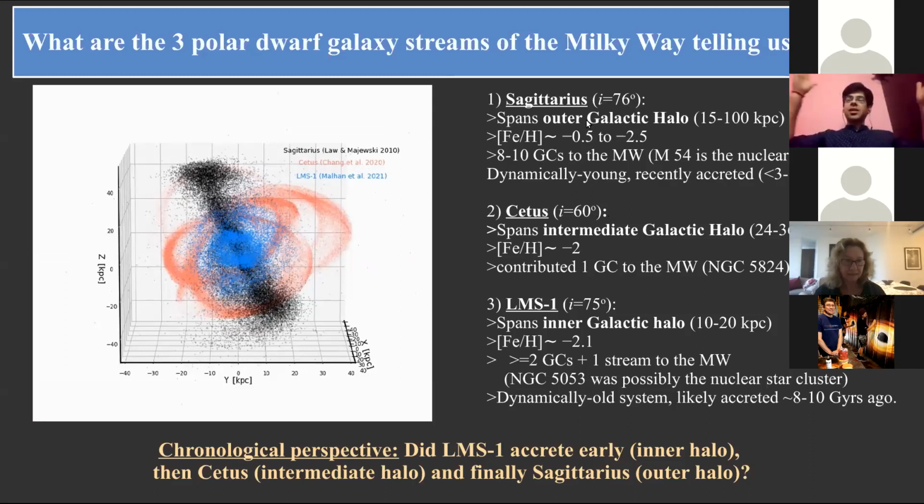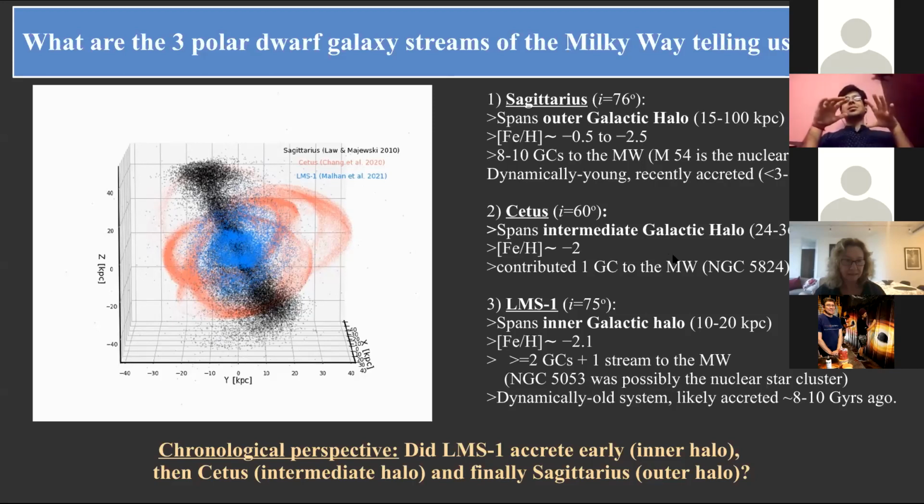Sagittarius spans the outer galactic halo with a galactocentric radius of 15 to 100 kiloparsec. It has a wide range in metallicity. It contributed at least 8 to 10 globular clusters to the Milky Way, and it's a relatively dynamically young system that was only recently accreted. Right, that's the understanding of Sagittarius.